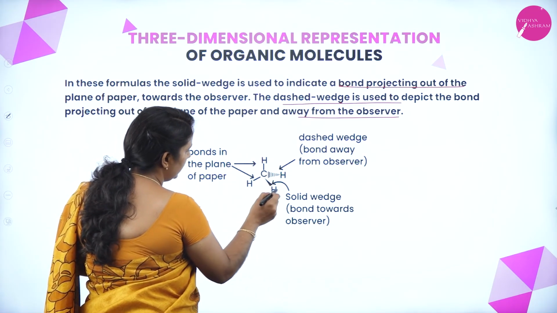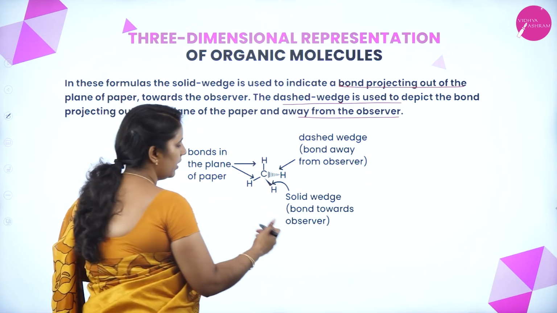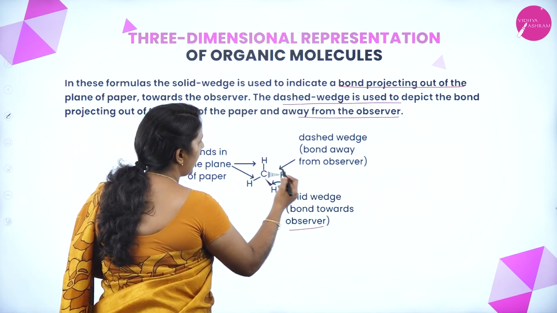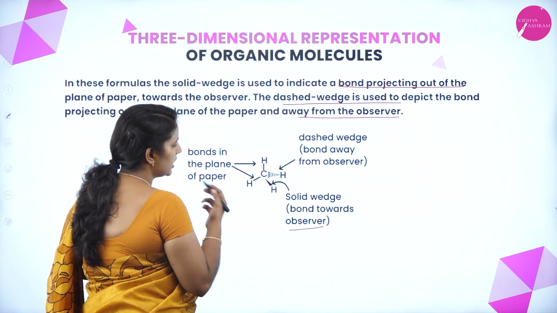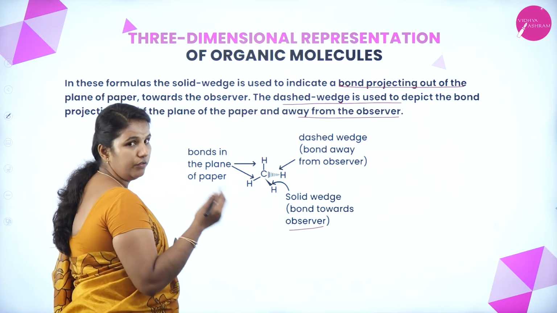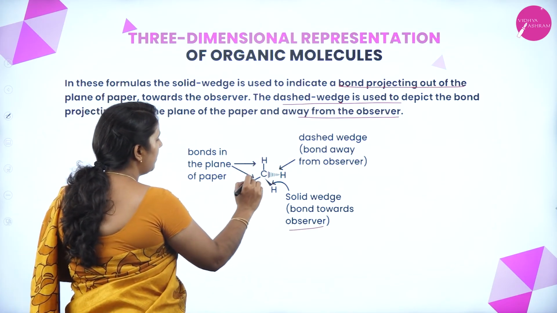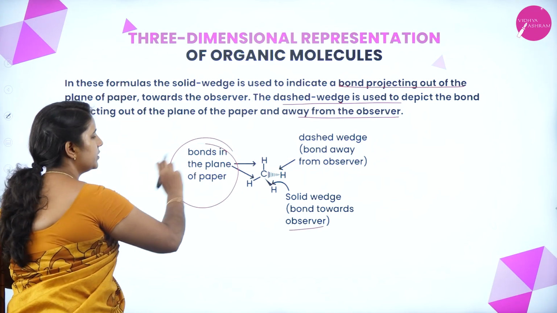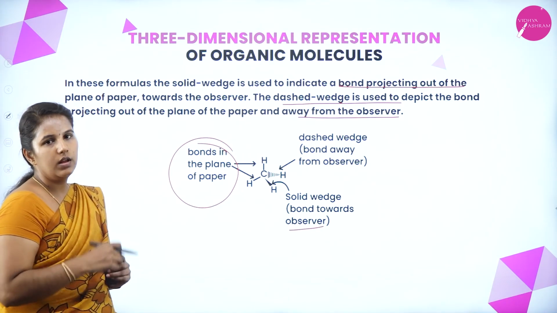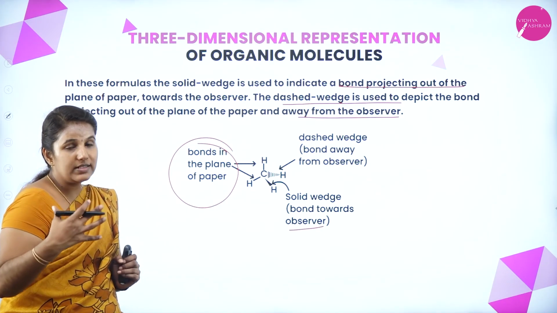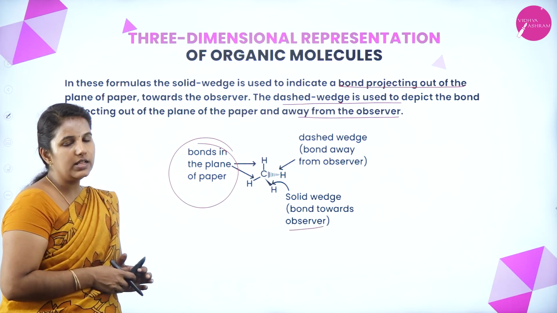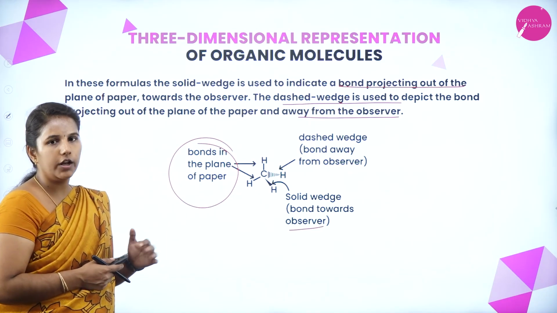You can see the solid wedge which is towards the observer and the dashed wedge, which I showed, which is away from the observer. And the remaining single bonds are in the plane, which is also observable for the observer. This way of writing, we call it the three-dimensional way of writing organic compounds.